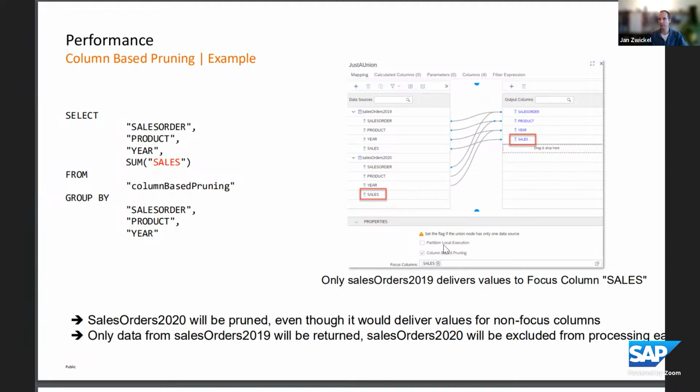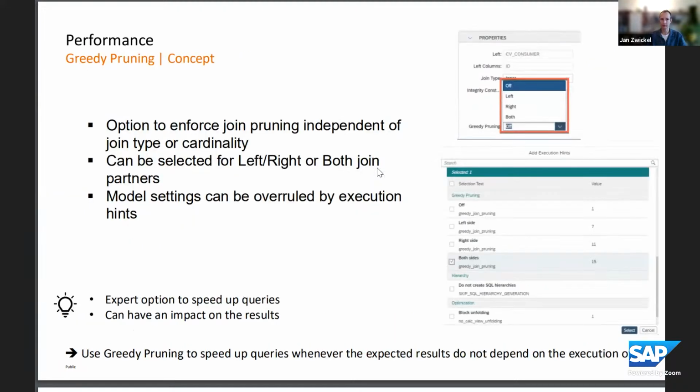By using column pruning, you would exclude that anyway, and therefore you will also not see null values, which can be semantically intended. So there are two aspects to it: the performance aspect, but also potentially that you want it from a semantic perspective.